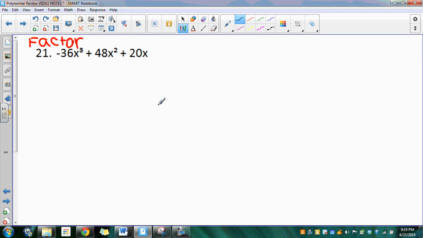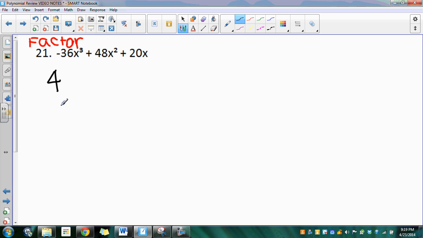And the first thing I immediately notice is these large coefficients, these large numbers. We're going to have to take out a GCF. And the GCF of these 3 numbers is 4. So we'll have to factor out a 4.